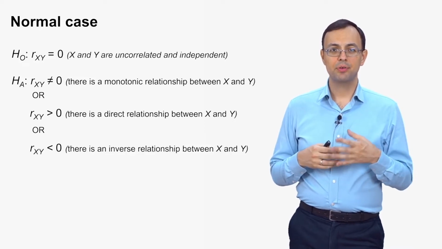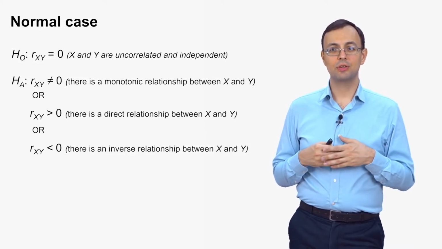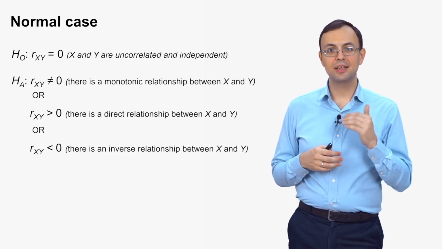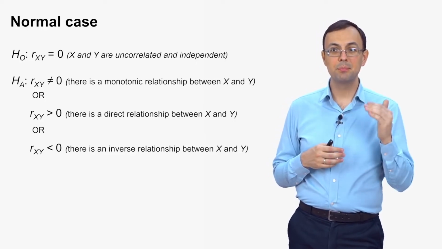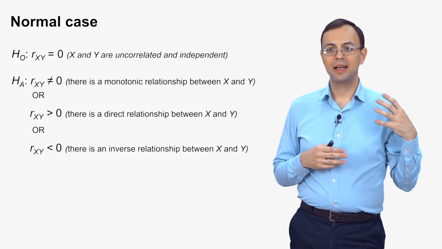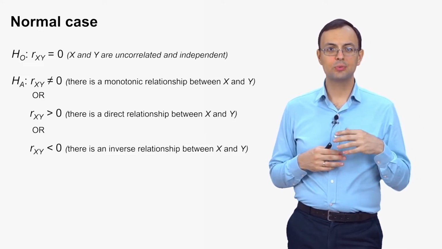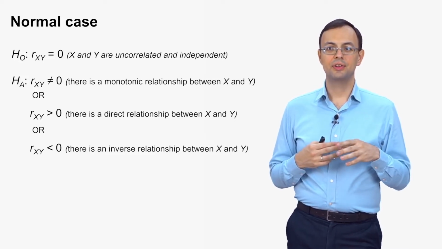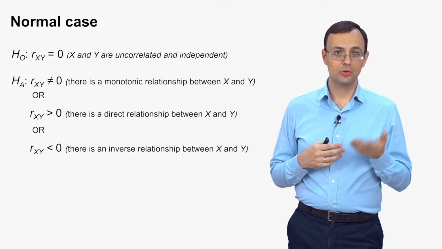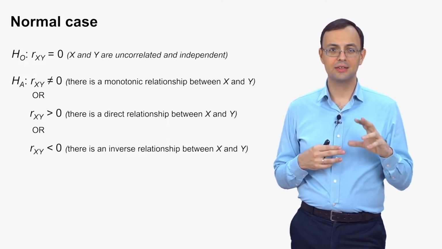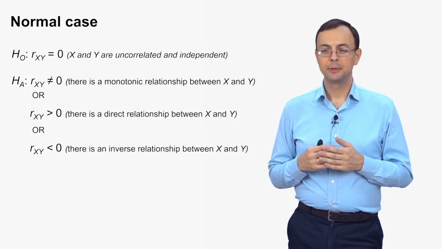So the null hypothesis is that the correlation is 0, which in the case of normally distributed variables means that they are independent. As an alternative hypothesis, we can choose one of three hypotheses: either that correlation is not 0, or that it is positive, or that the correlation is negative.